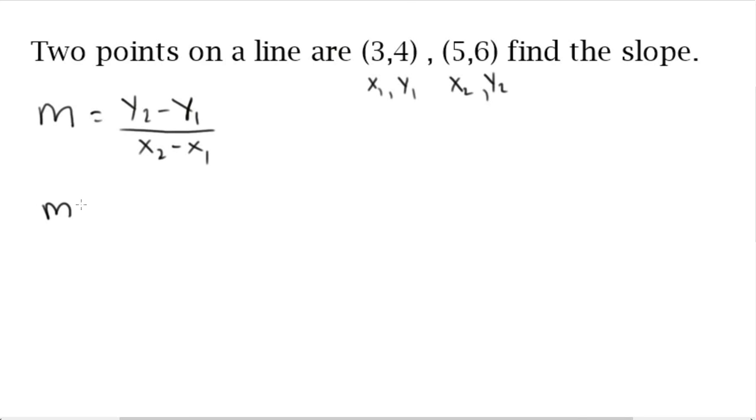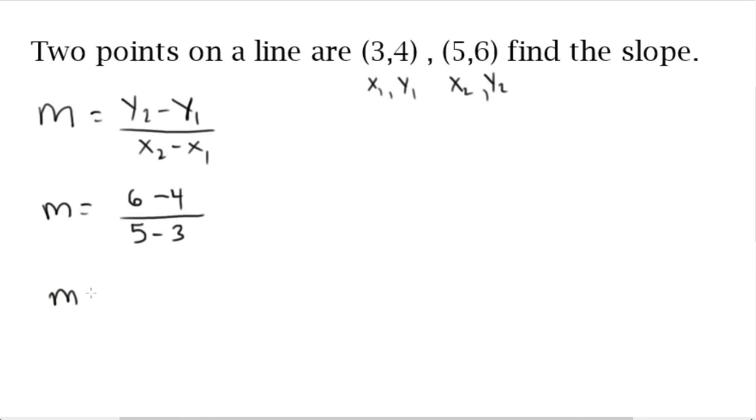So m equals, we just plug these in. Here's our substitution. And be careful, because it's easy to mess this up, even though this is very simple. So you want to go as slow as you need to. Y2 is 6. Y1 is 4. X2 is 5. X1 is 3.